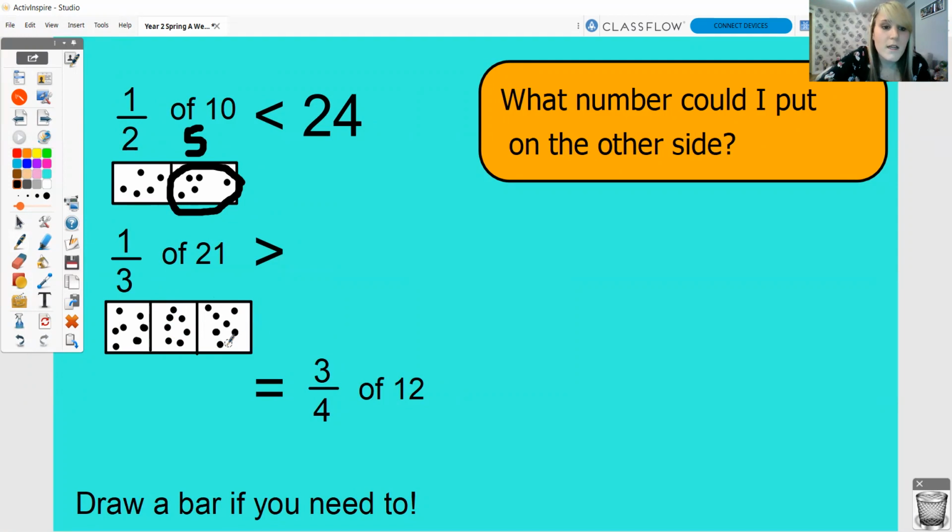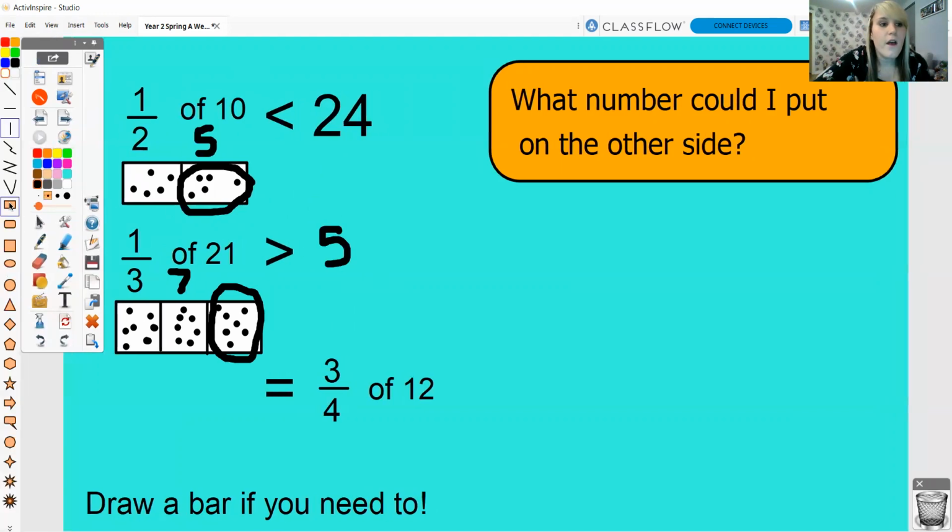And we count one side. 1, 2, 3, 4, 5, 6, 7. 1/3 of 21 is 7. So the crocodile is eating the 7, which is our answer. So that means we need something that's less than 7 on the other side. So we could put 1, 2, 3, 4, 5, 6. So let's put 5.